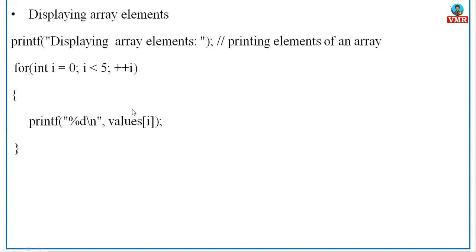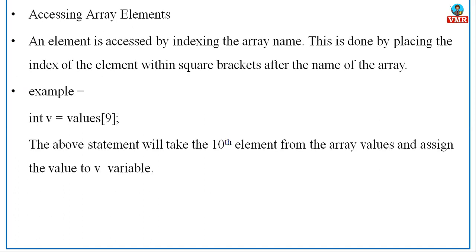Again, you will check what the value of i has become now, 1. So what is the value at 1? That one you will print. In this way you will repeat this for loop 5 times, because I took the condition as 5 here, right? So this is for displaying, printf, for reading, scanf, and there you will be using ampersand. Here you will simply print the values of i.